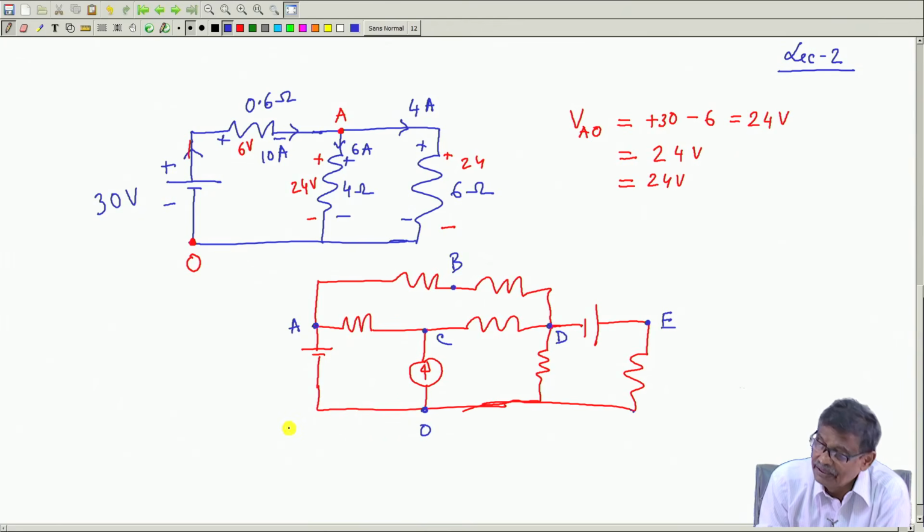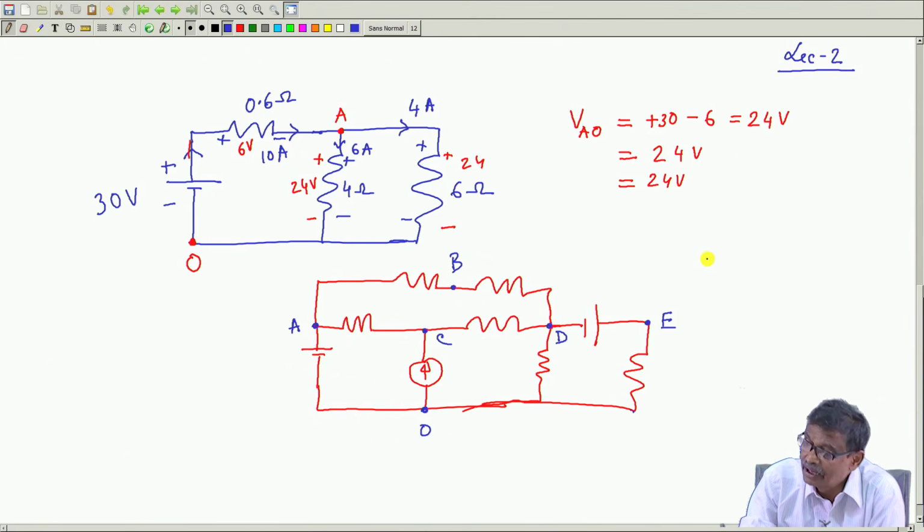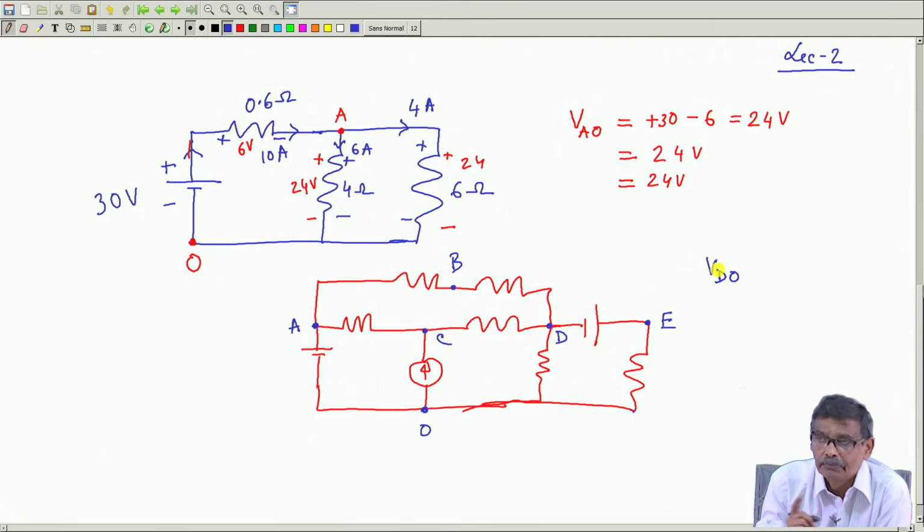If I ask you to calculate what is the voltage VDO, it has got a meaning. To find out VDO, potential of D with respect to O, you start your journey from O and try to reach point D via any path you like.